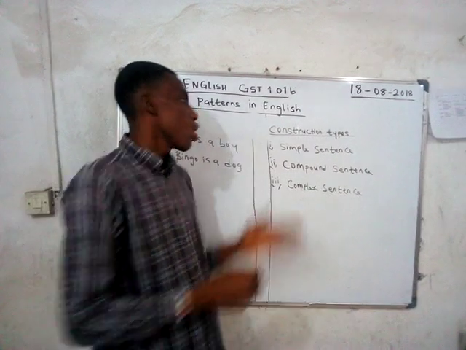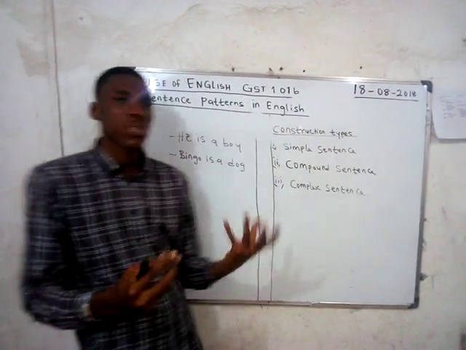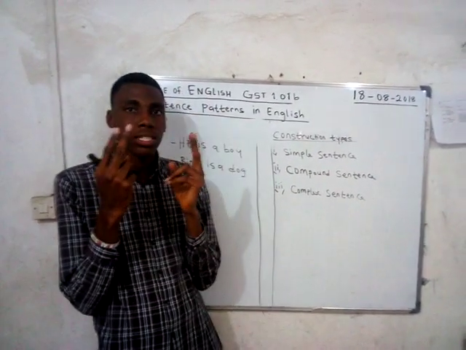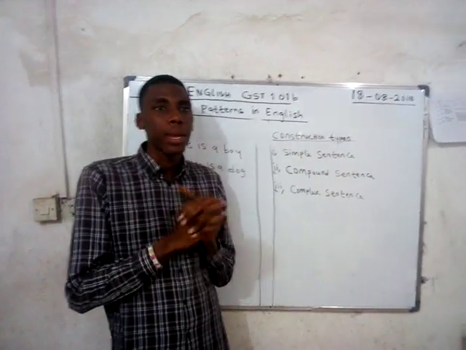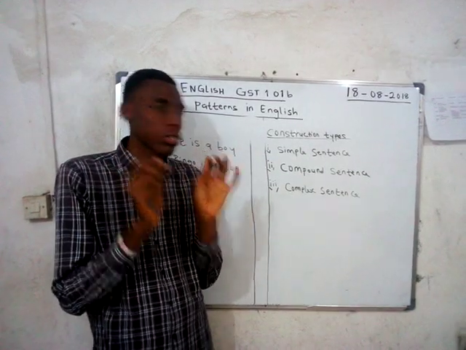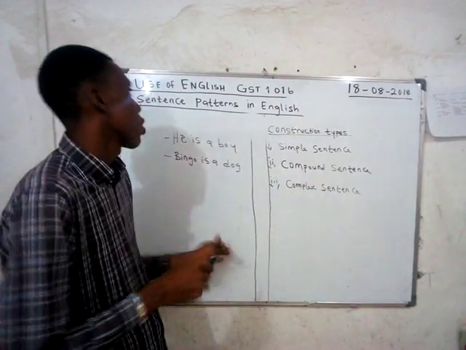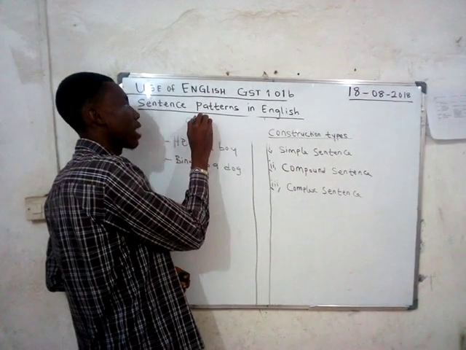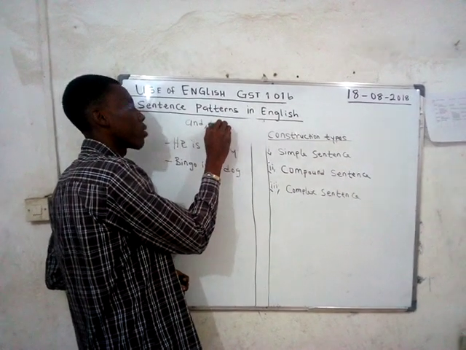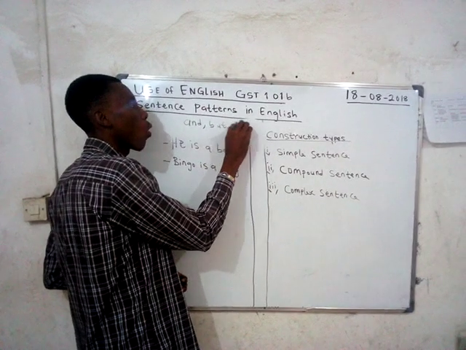Secondly, we go to the second type of sentence, known as the compound sentence. A compound sentence can be defined as two or more simple sentences joined together by the medium of a conjunction. In English we have three major conjunctions, which are and, but, or.